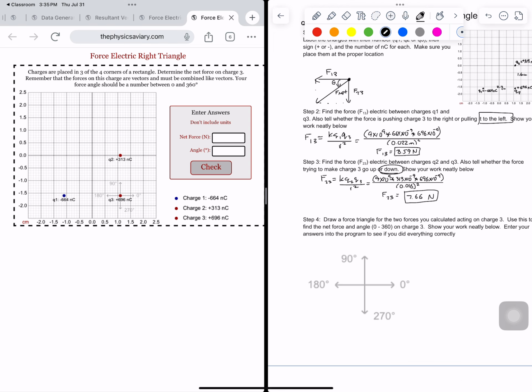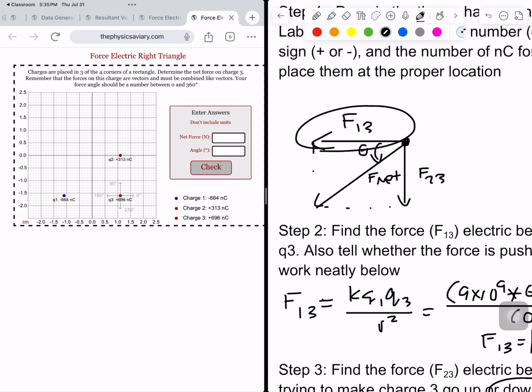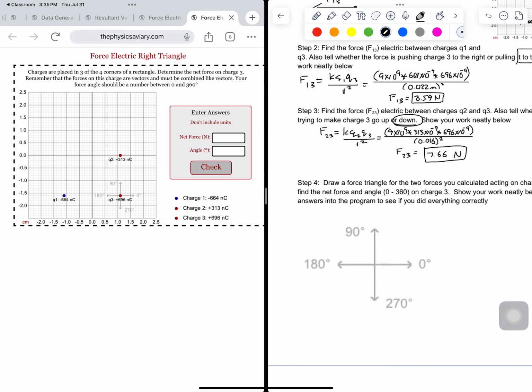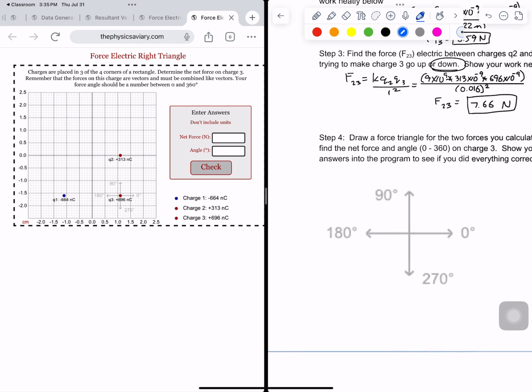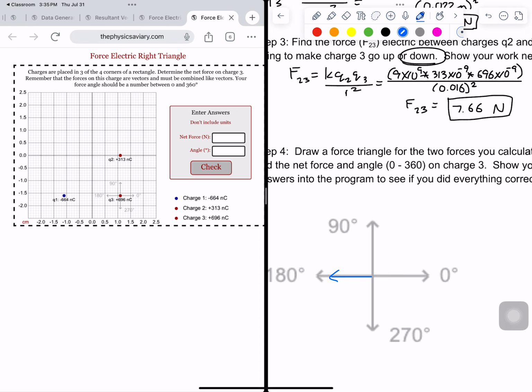Okay, so what I'm going to do is I'm going to draw them. Now, keep in mind, remember, these magnitudes are positive, okay? But if I look at my thing here, F13 is pointing to the left, F23 is pointing down. So just keep that in mind when you draw your vectors down here. So I'm going to go about 8.5 this way, like this. And then I'm going to draw a vector 7.66.